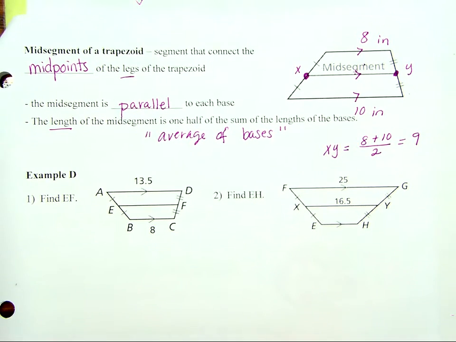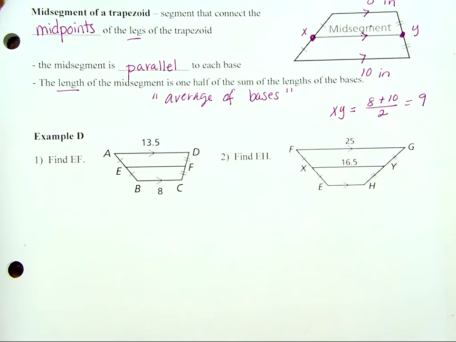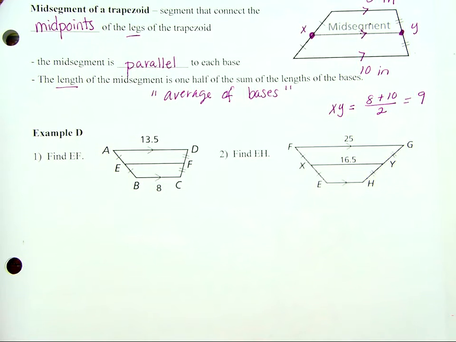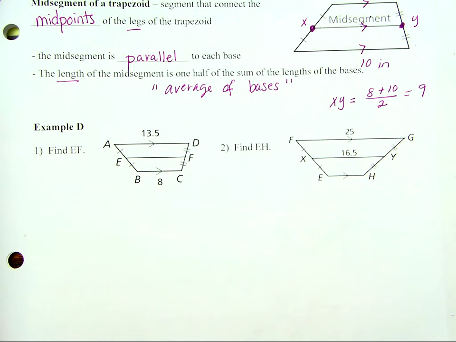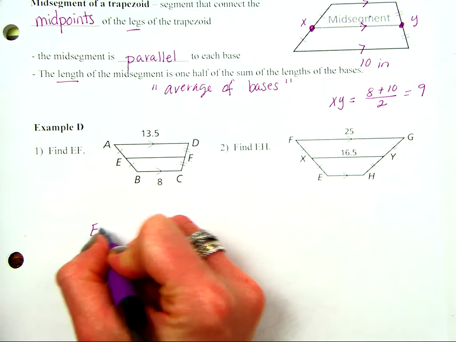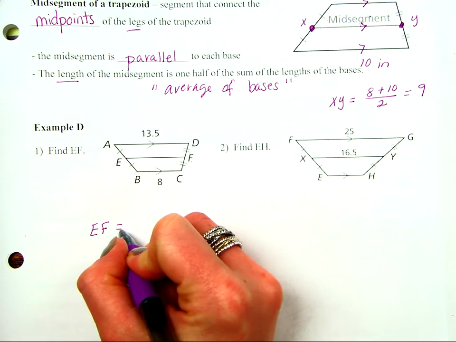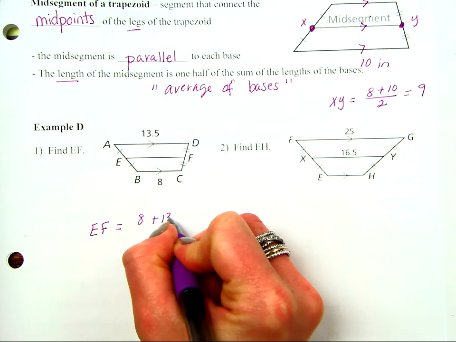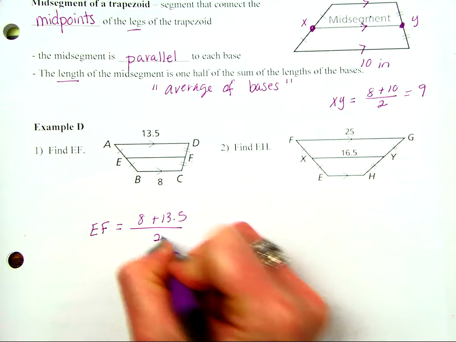So as I take a look in example D, they're going to ask me to do some solving for our midsegments. Example D, they want me to solve for EF. Well, EF is simply the average of my bases, 8 plus 13.5, and divide by 2.